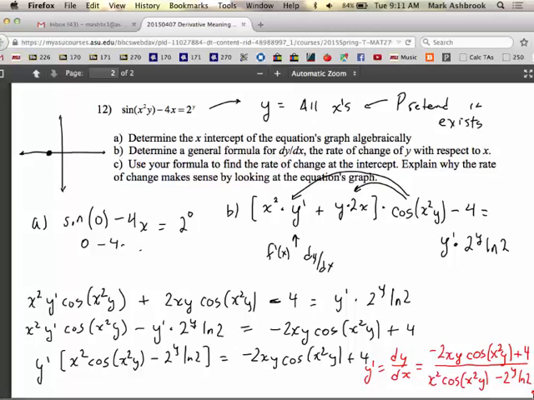It barely fits. Usually it doesn't. Got lucky this time. Questions on finding the rate of change equation for this graph?